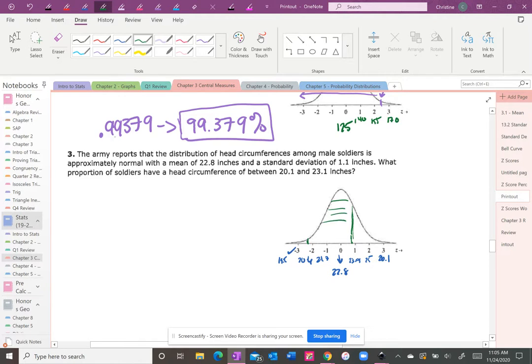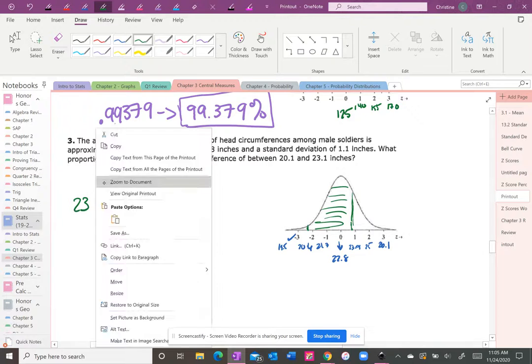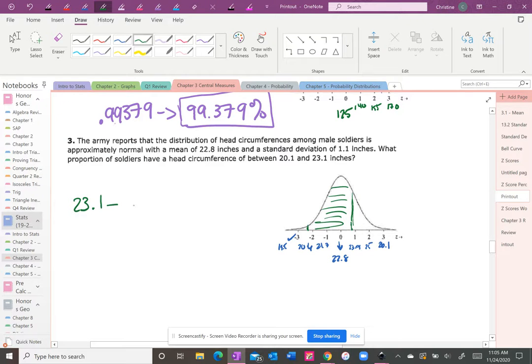So you're looking for all of this area. So you're going to do two problems. You're going to do first, it doesn't matter, let's just do 23.1 minus the average over the standard deviation. And then you're also going to do 20.1 minus the average over the standard deviation.